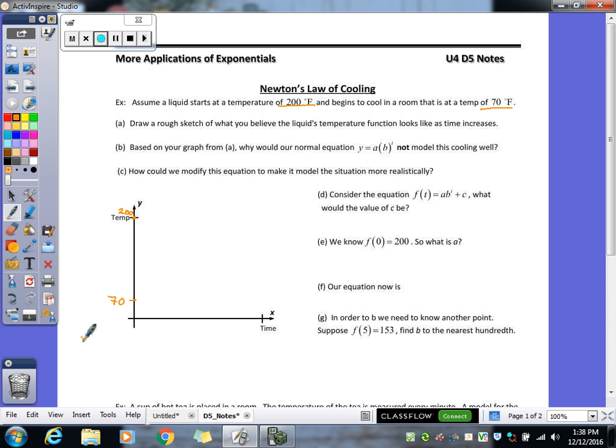So I'll say on my scale, 70 is approximately there. So when it starts cooling down, will it be slow at first or will it be fast and then slow down? It starts cooling down faster at first, and then it slows down and levels off at about 70. So this actually ends up being an exponential decay formula.